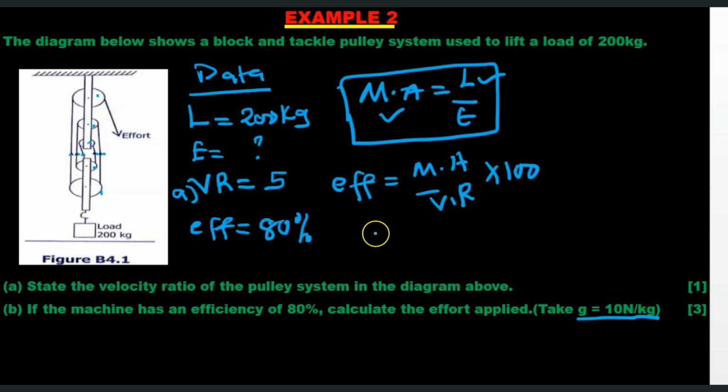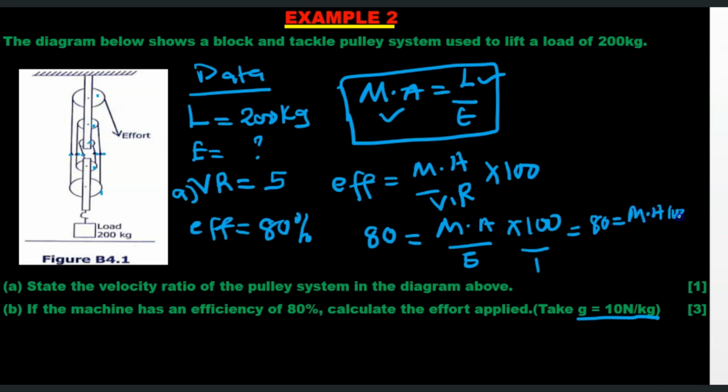Okay? So, let us find mechanical advantage. 80 is equal to MA divided by the velocity ratio, which we said is 5, multiplied by 100. So we have 80 is equal to MA times 100 over 5.